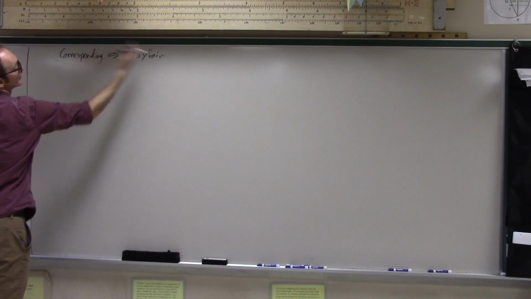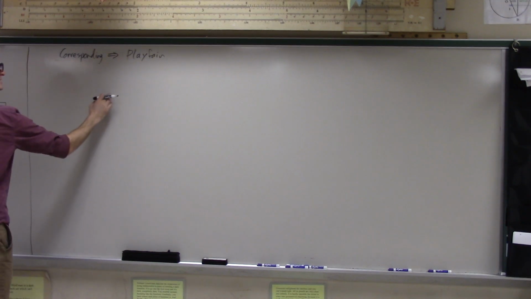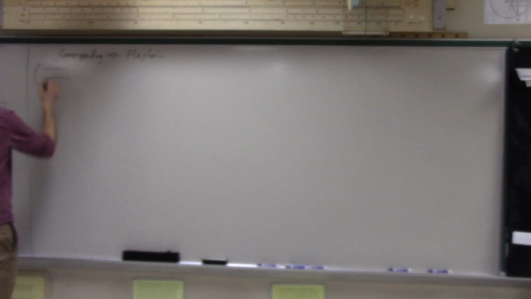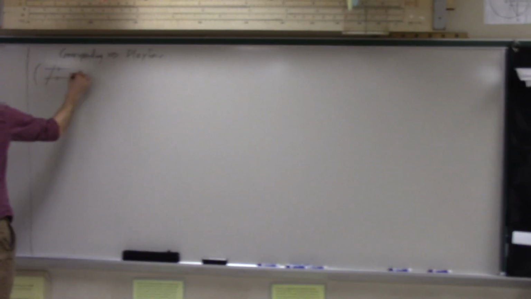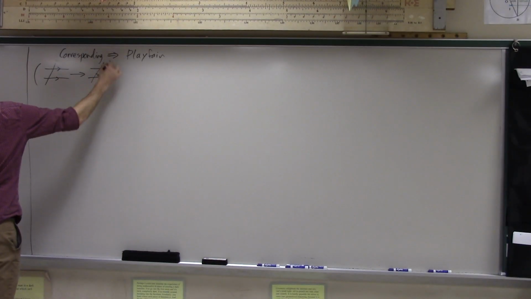What is corresponding? Once again, the theorem I'm trying to prove is a conditional. That one theorem implies another. And once again, each of those theorems are themselves conditionals. And so to keep straight what's going on, we have the corresponding angles theorem, which says that if you have two lines which are parallel, then corresponding angles are equal.